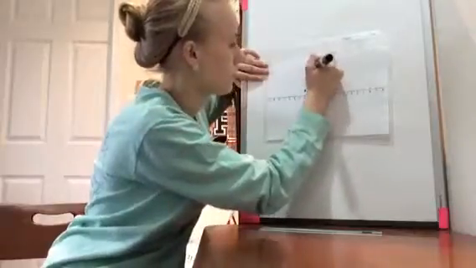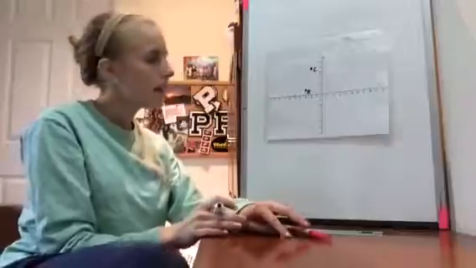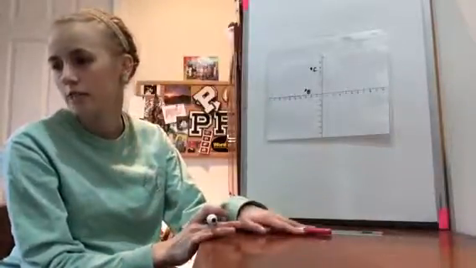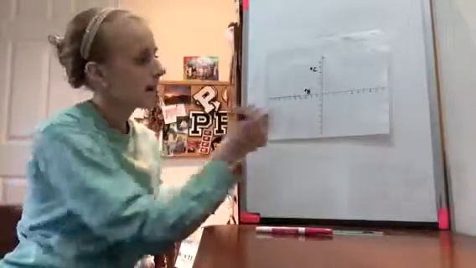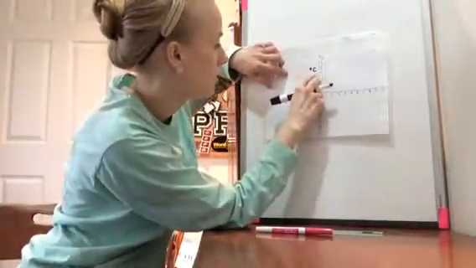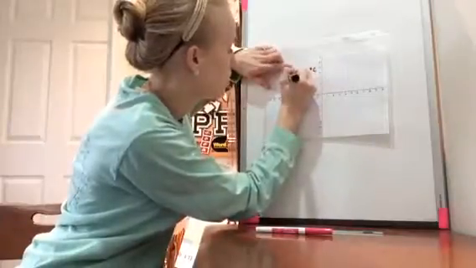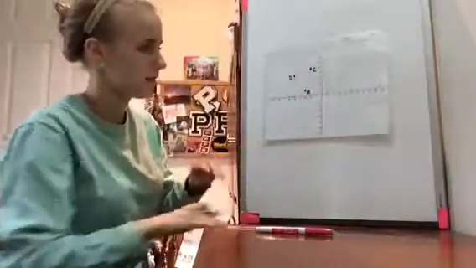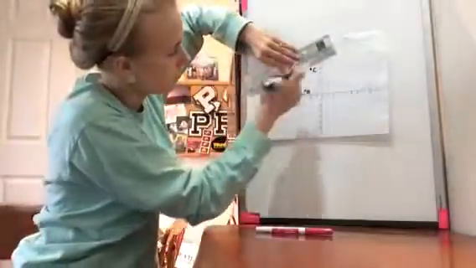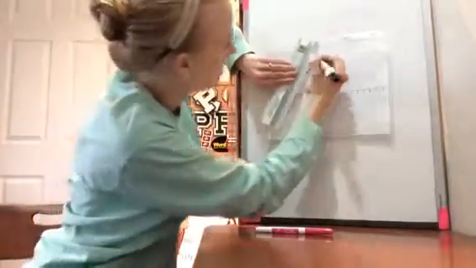And then, excuse me, I dropped my pen. Then I have D, which is at -5, 4. Okay, that's D. So this creates our triangle, and I'm just going to use a ruler to hopefully make some straight lines.